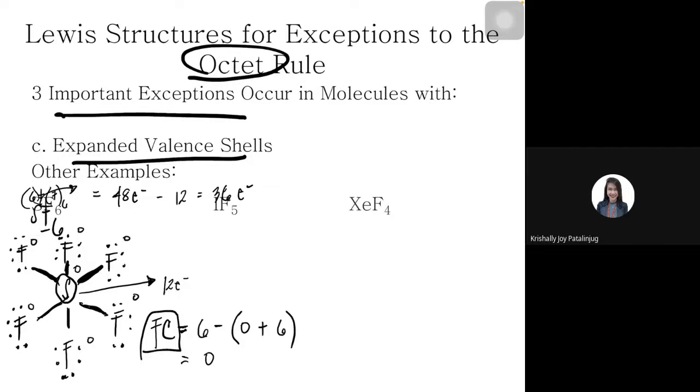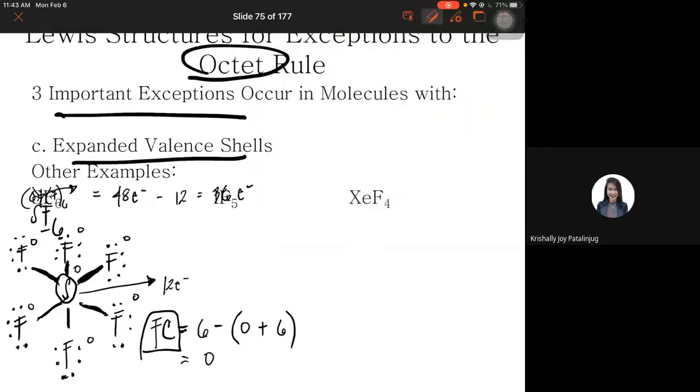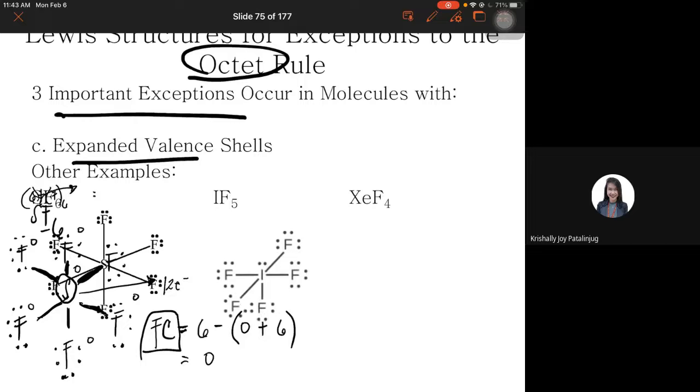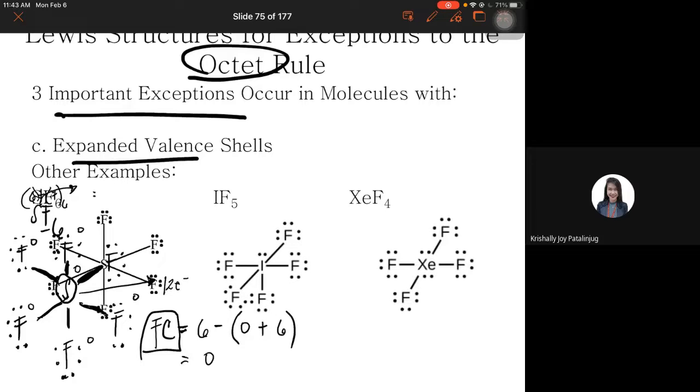Okay? And these are other examples. So let me erase this part. Ayan. So hindi ko na siya individually i-draw. Yung point lang talaga dito is that the central atom, if you try to check, when you draw step by step yung Lewis structure nila, you will realize na yung central atom expanded their valence shell having more than 8 electrons surrounding the central atom.